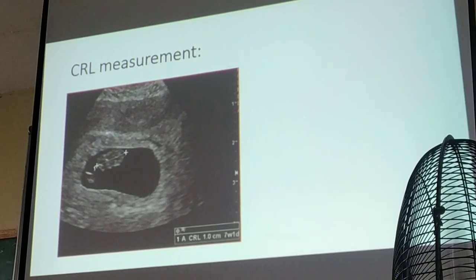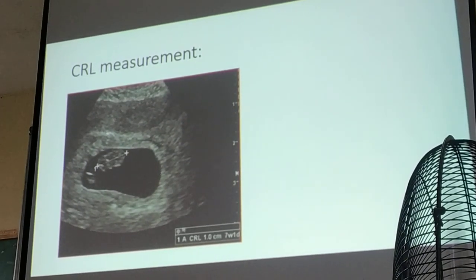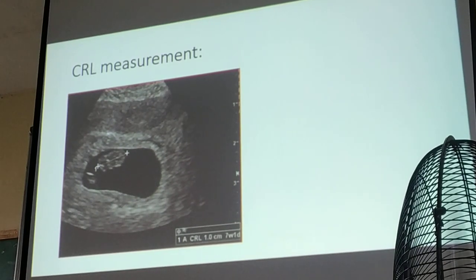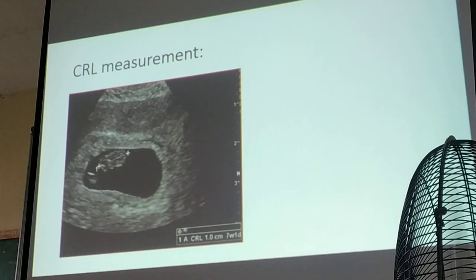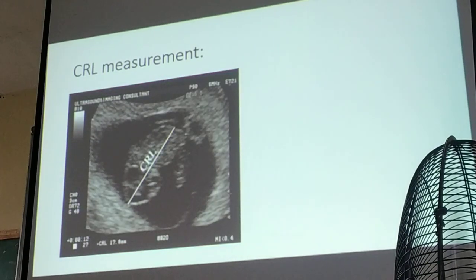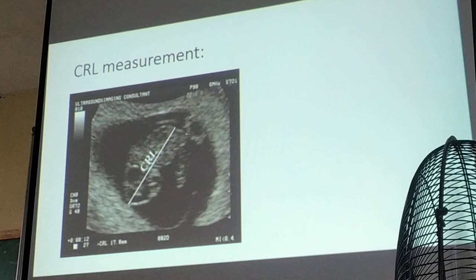Okay? The obstetrician-gynecologist would base their pregnancy dating on the CRL measurement because this is very accurate. Okay? There you are. That is your CRL.